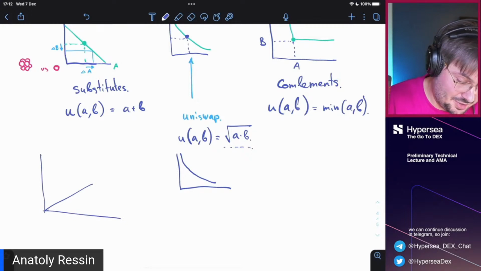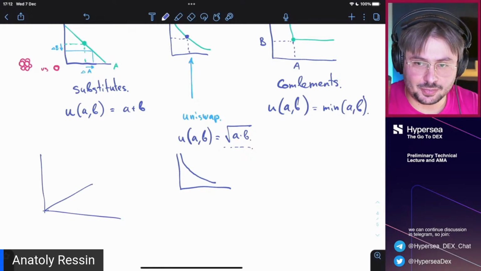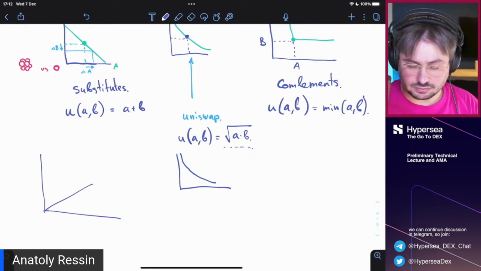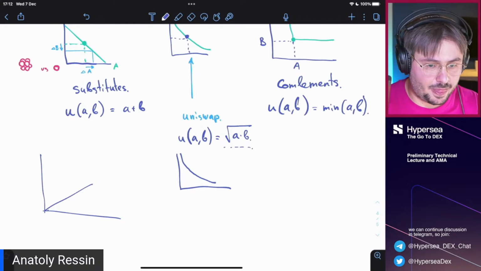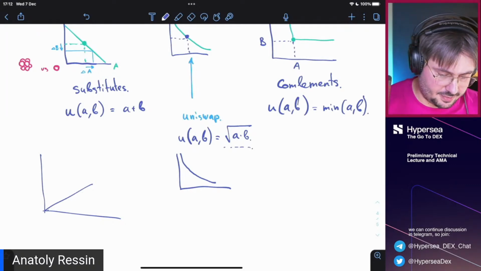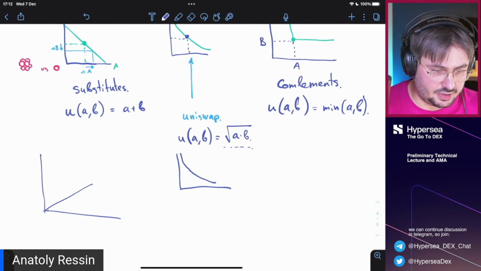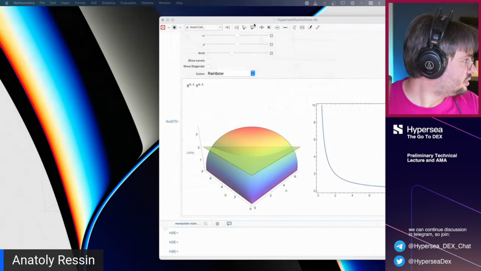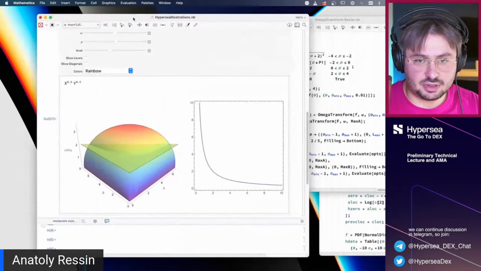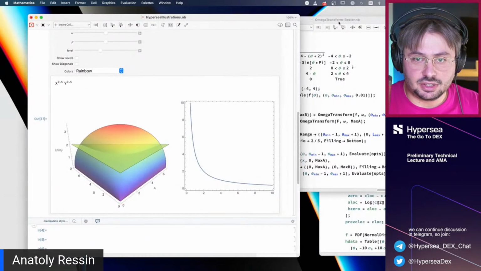So if we just depict the surface, the surface is looking like this. Just let me show.